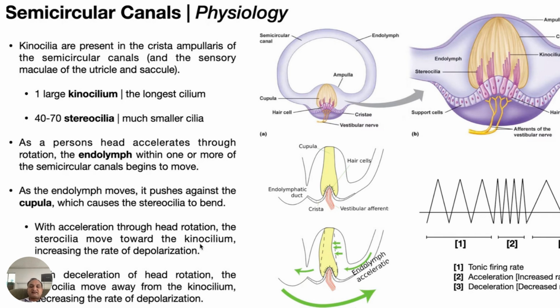If the hair cells bend towards the kinocilium, they cause excitation, depolarization, and if the hair cells move towards the stereocilia, then it causes hyperpolarization and inhibitory impulses.